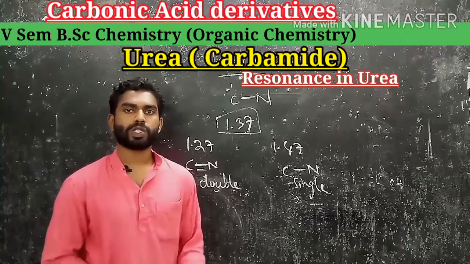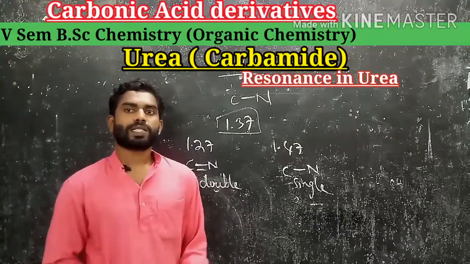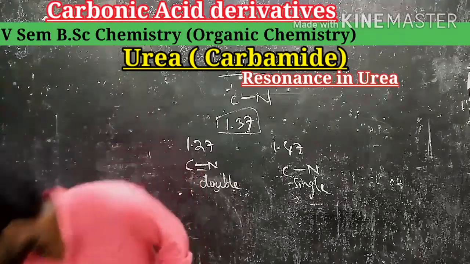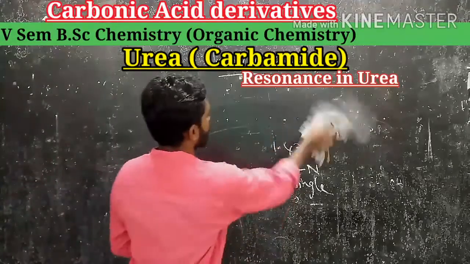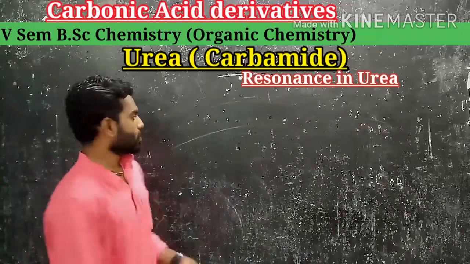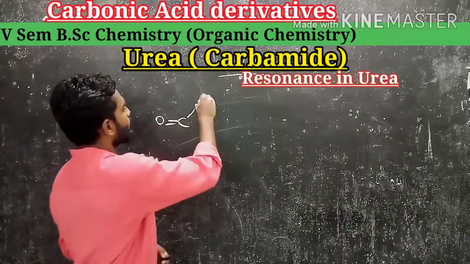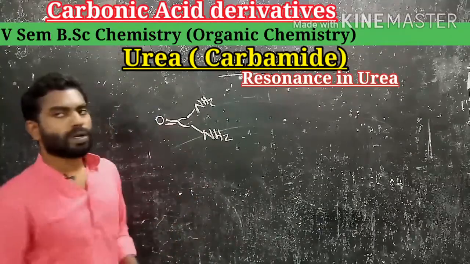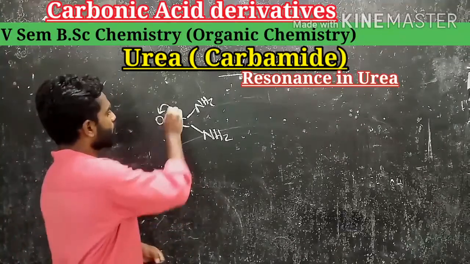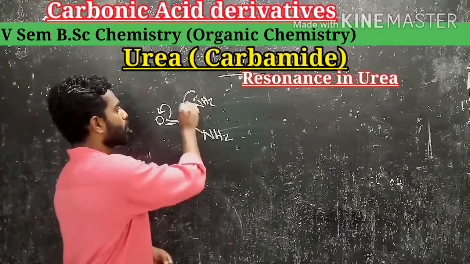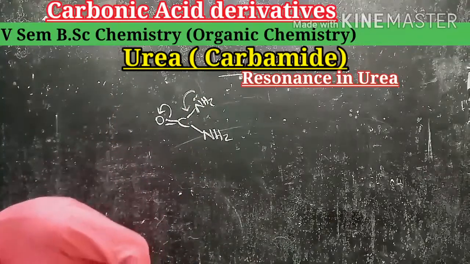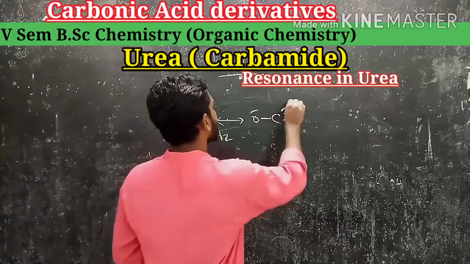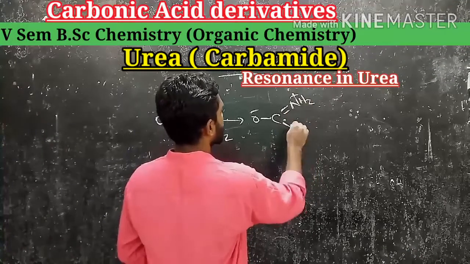Okay. This can be explained by considering the structure of urea to be a resonance hybrid of the resonance structures shown here. We will look at the resonance structures. CO NH2 NH2: the lone pair shifts toward the electronegative oxygen, and you will get a resonance structure with O minus and NH2 plus.